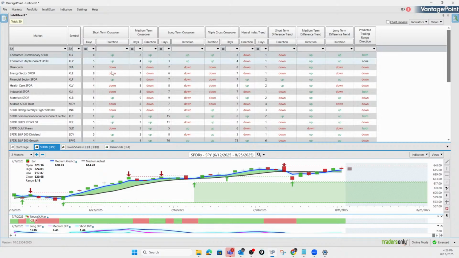It's telling you that in the consumer discretionary sector, that XLY, keep in mind, these are ETFs, so also tradable, but also useful in providing additional information on where there's strength in the markets. So consumer discretionary, we can see that our crossovers, our predictive timing indicators, are all up, but there's a little bit of weakness on the neural index in that short-term difference or the strength indicator.